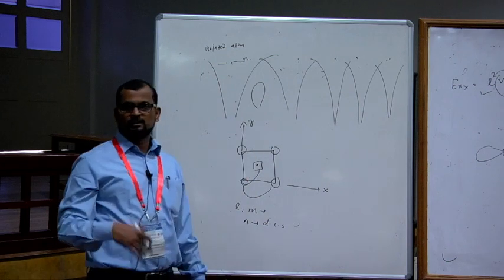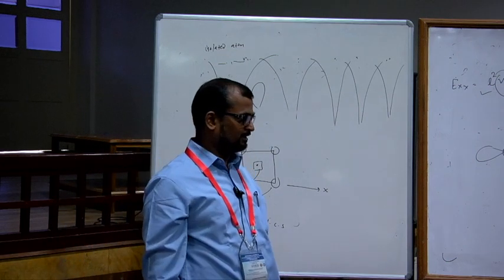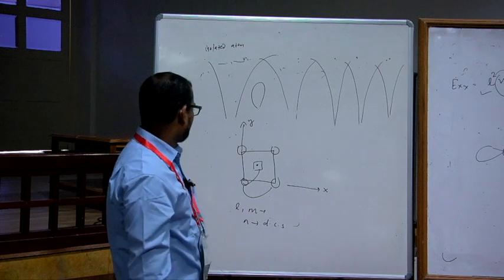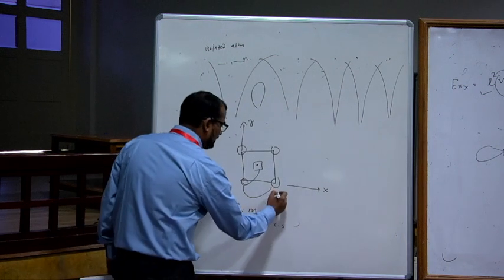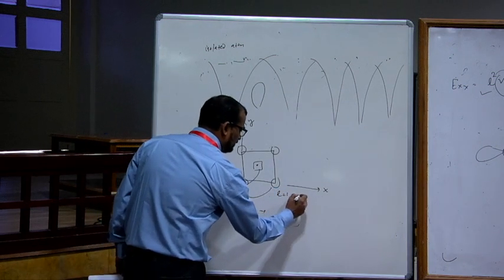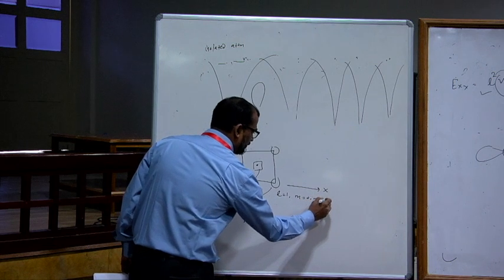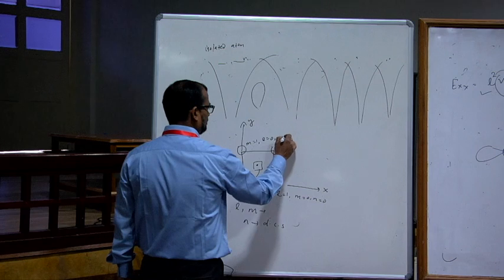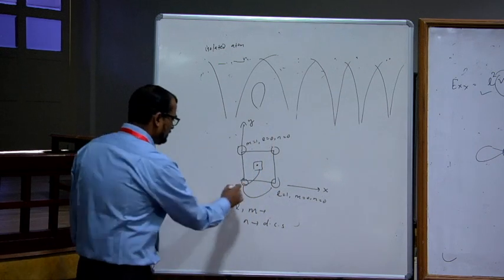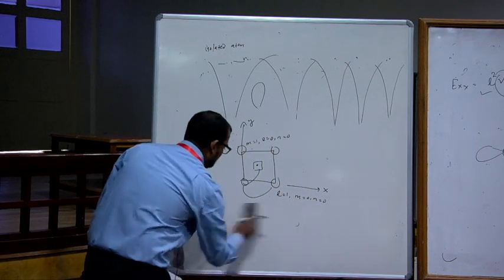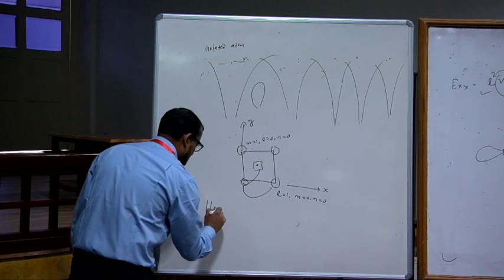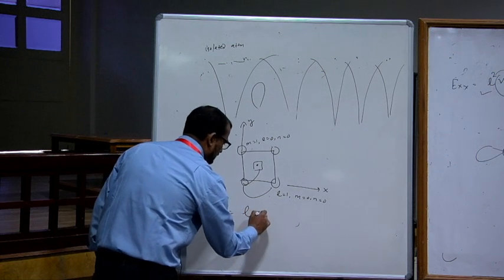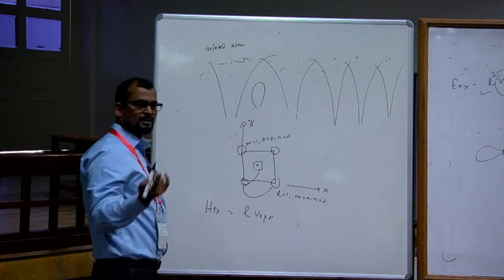That's why I was saying that it will come to the Slater-Koster method, right? So, for example, here I will say L is equal to 1, M is equal to 0, N is equal to 0. Here M is equal to 1, L is equal to 0, N is equal to 0. Therefore, I say that my HSX is equal to L VSP sigma, something like that.